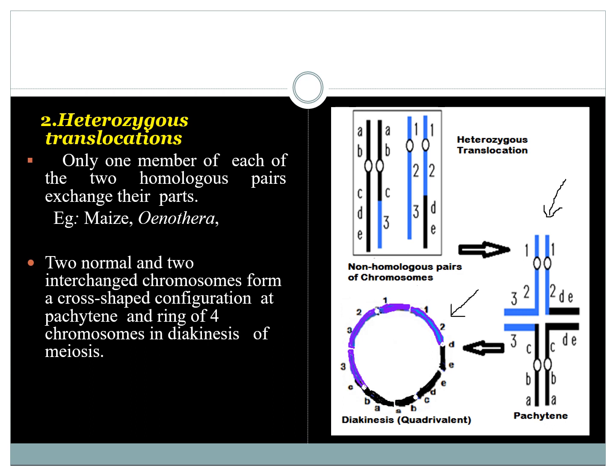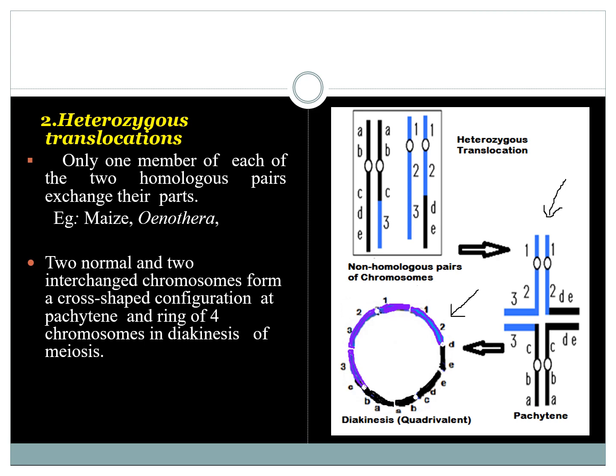This is the ring of four chromosomes. The ring of four chromosomes and the cross-shaped configuration are both identification marks for heterozygous reciprocal translocations. An example is maize. And in the case of Oenothera, a complex type of translocation was observed because all the 12 chromosomes are involved in the formation of a ring. Such a translocation is a complex type of translocation.